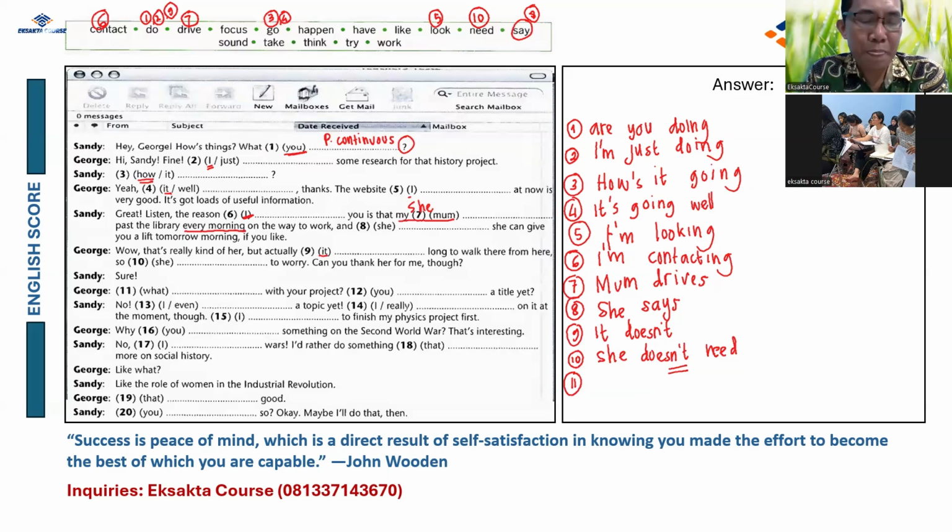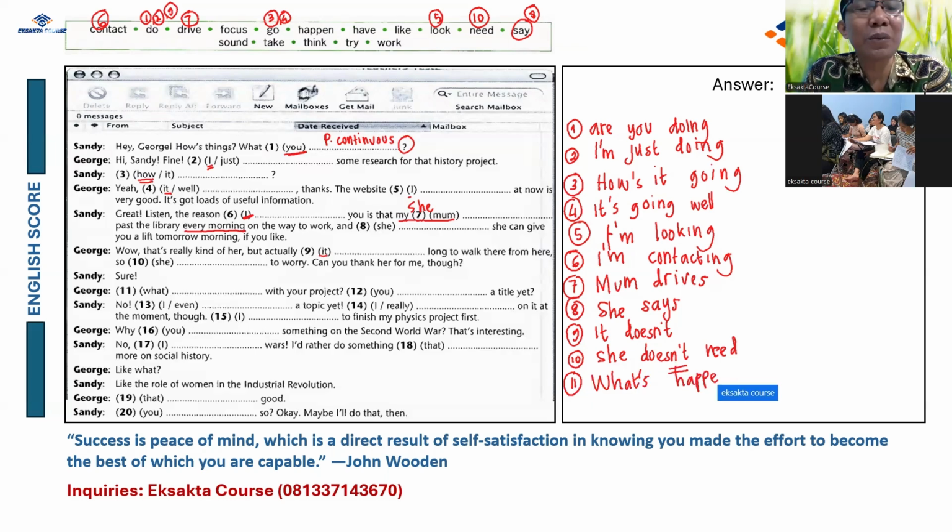Number 11. Okay, Georgie, number 11. It is present continuous. What is happening with your project? Okay, why use is? Use is because it is project. What's happening?